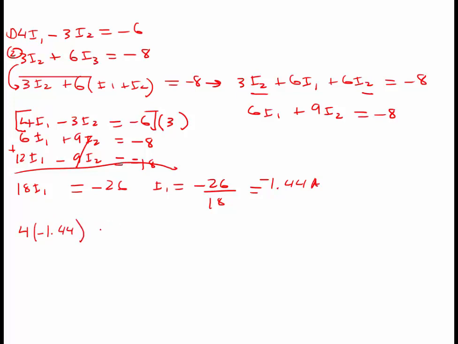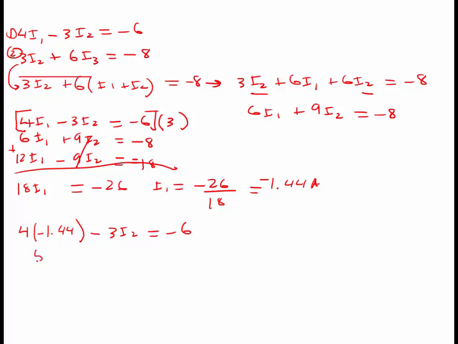And then minus 3 times I2 is equal to minus 6. So 4 times negative 1.44 will give me negative 5.76.